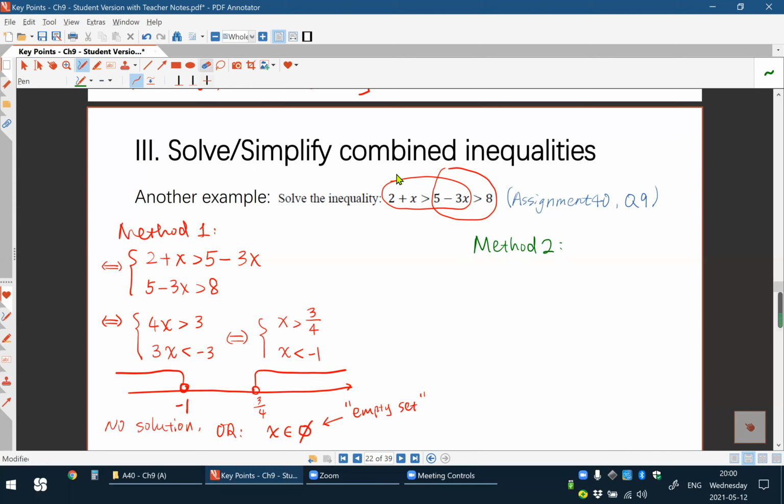So as you can see here, method 2 is not applicable here, right? You cannot do the transformation to both of the inequalities and solve the inequality. So method 2 is not very applicable. So it does not work.